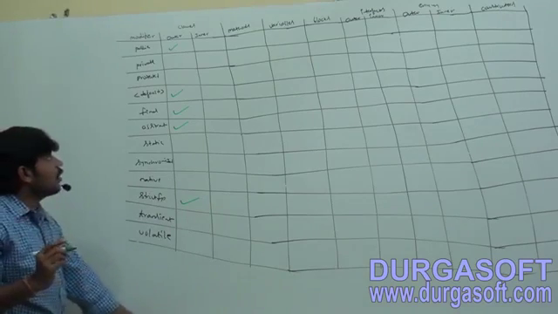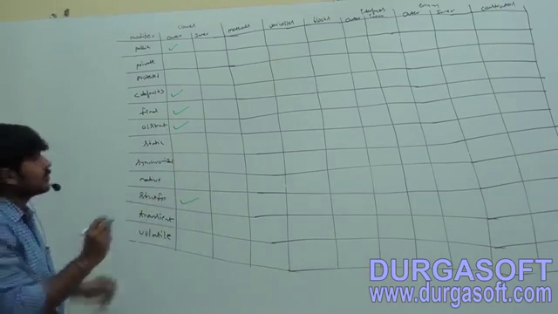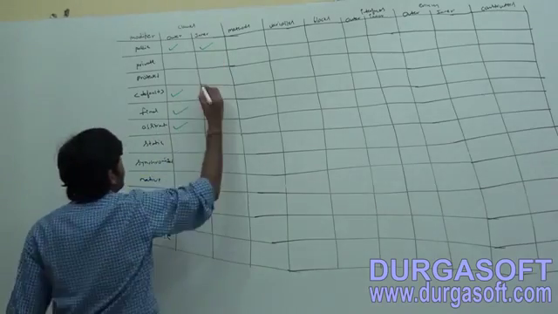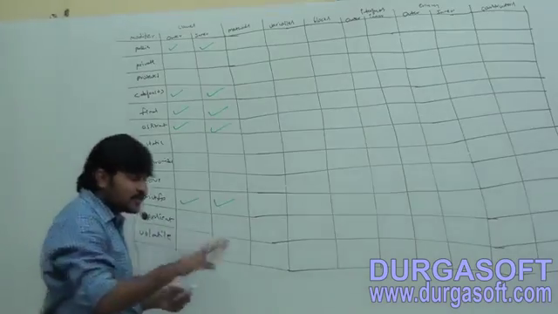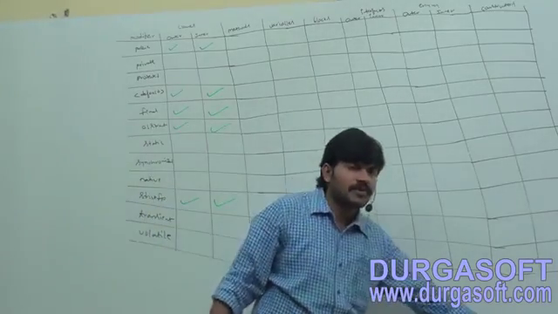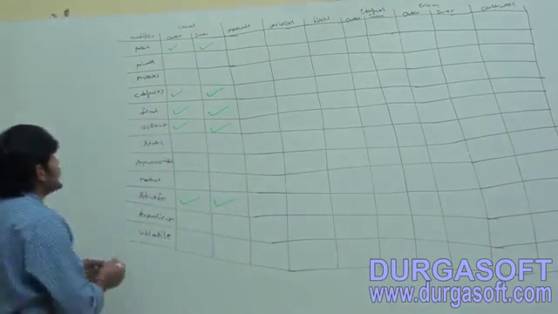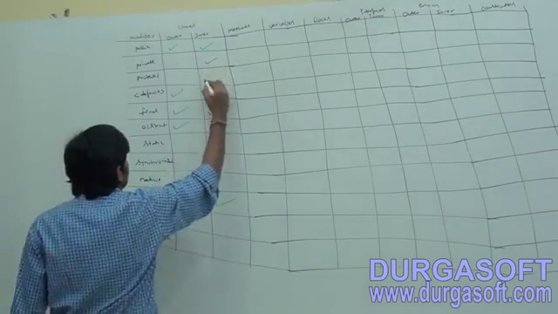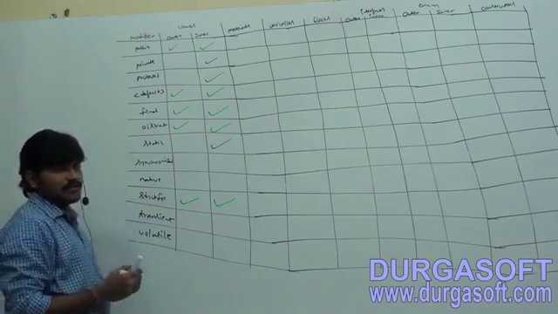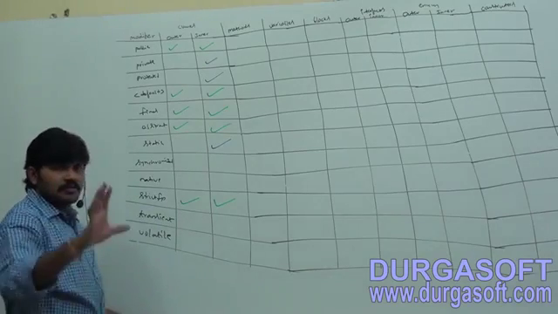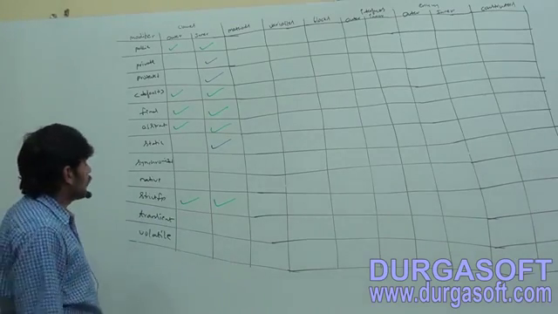Sir, for inner classes, are all these 5 modifiers applicable or not? Yes, all these 5. But in addition to these, 3 more extra modifiers are there. Which 3 extra modifiers? Private is allowed, protected is allowed, and static is allowed. 3 extra modifiers, right?